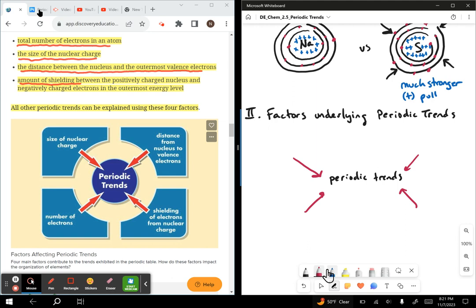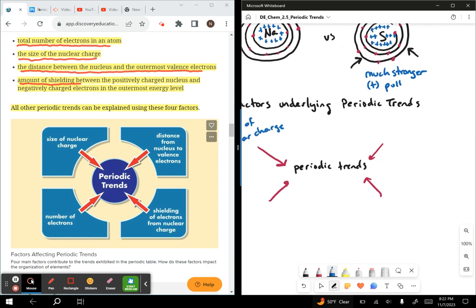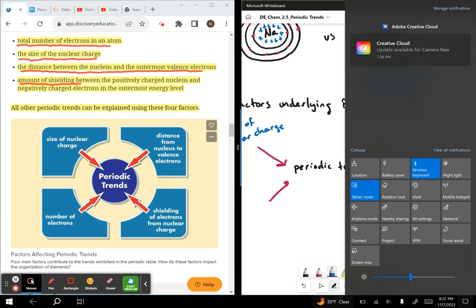They can be explained by the size of nuclear charge. Remember that sulfur versus sodium example had more protons. Periodic trends can be explained by the distance.